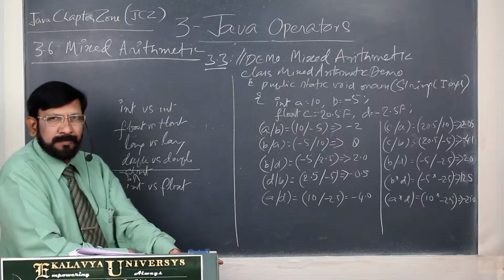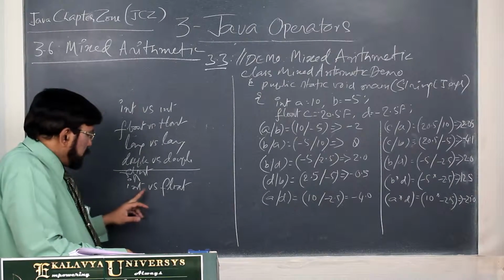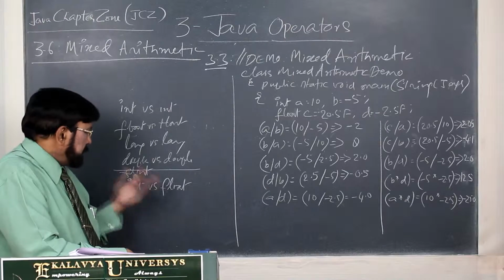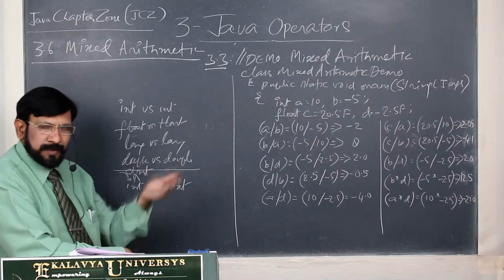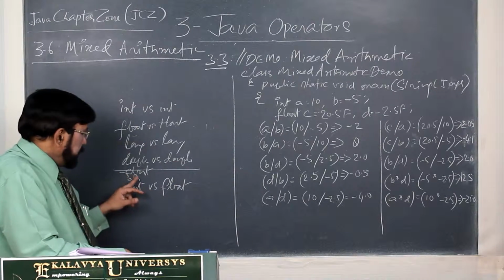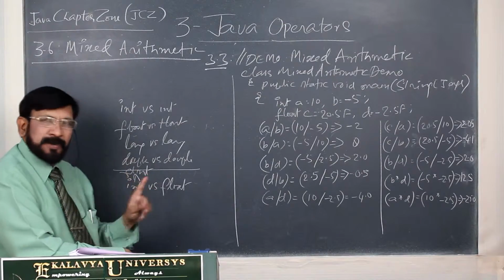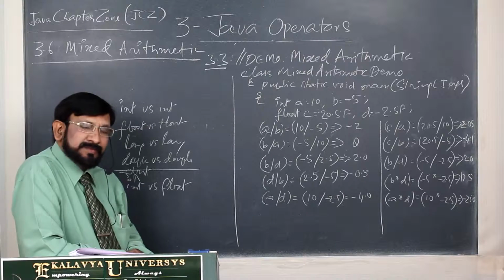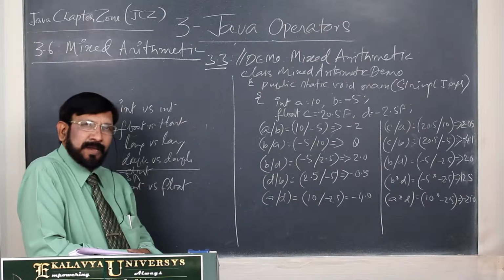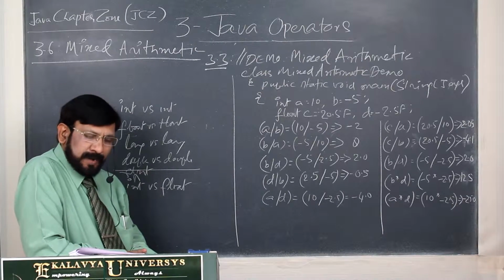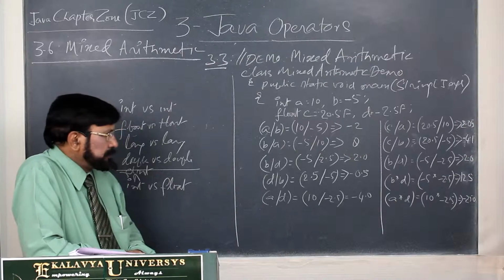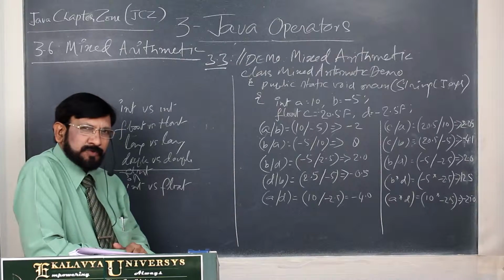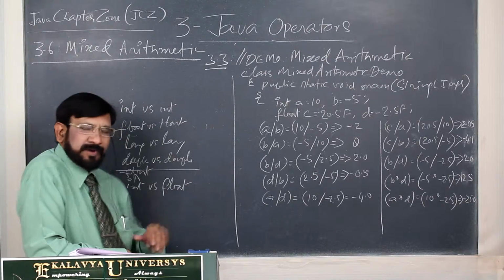Actually, at the time of compilation, both types are made uniform because of the promotion. So then the operation is made only on the same types. Understand? This is called automatic type conversion. Automatic type conversion, this is a big concept. In this chapter only, the last topic, we discussed that one.